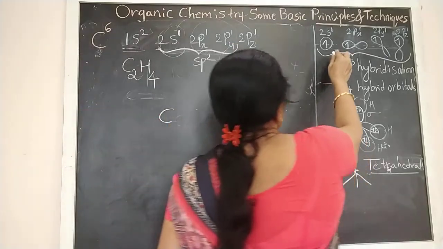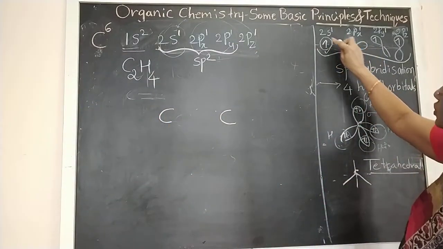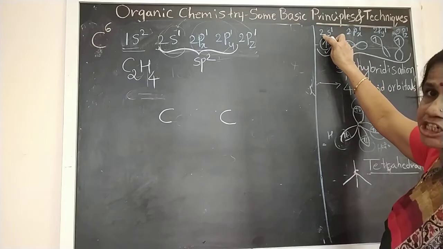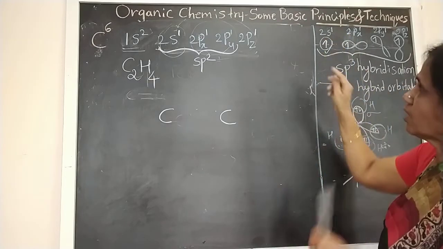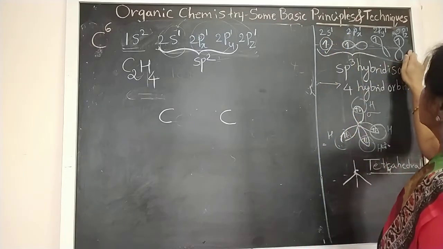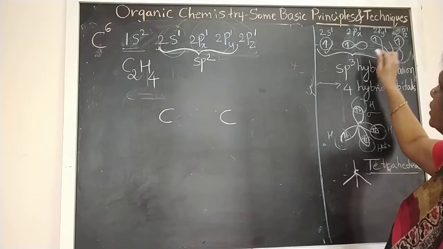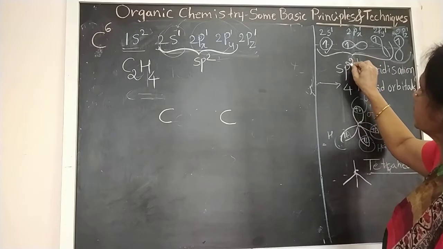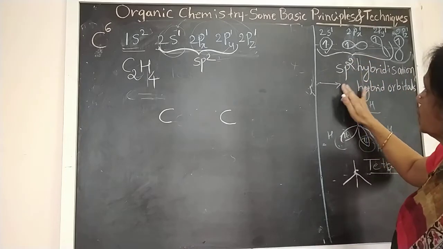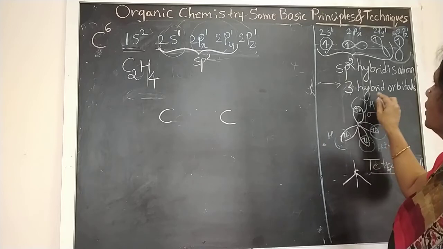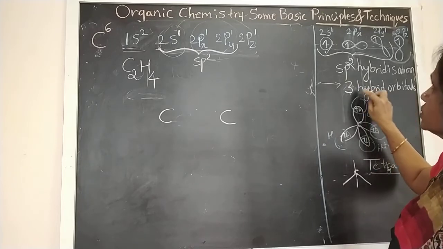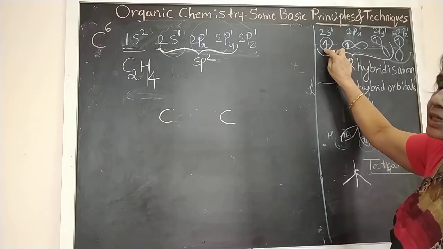Here the 2s, second shell, only one s orbital is mixing, and 2p orbitals, px and py, so it undergoes sp2 hybridization to give 3 equivalent hybrid orbitals which contain a single electron.